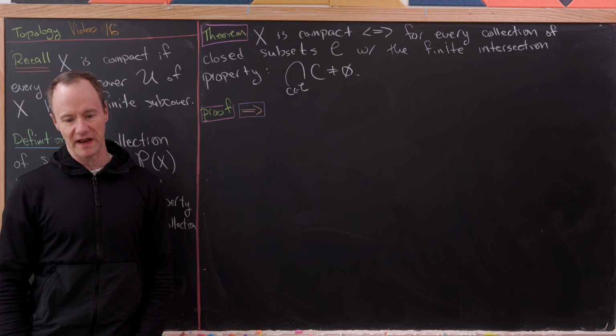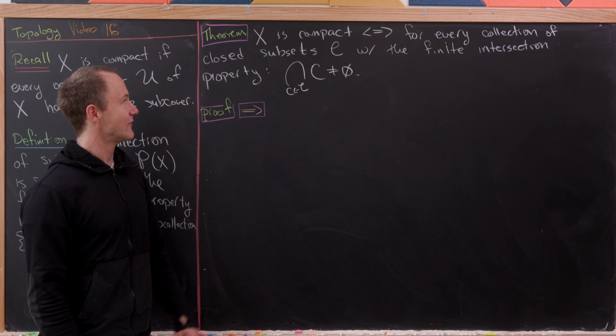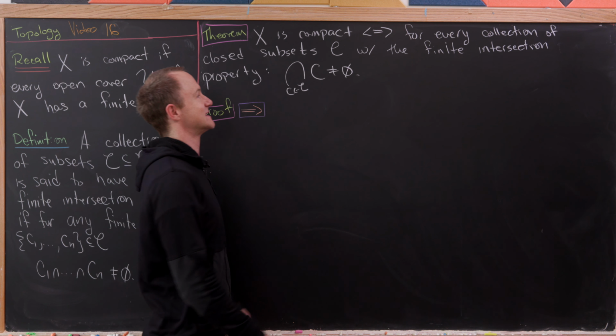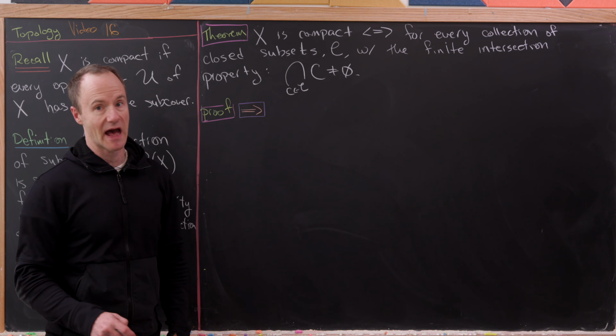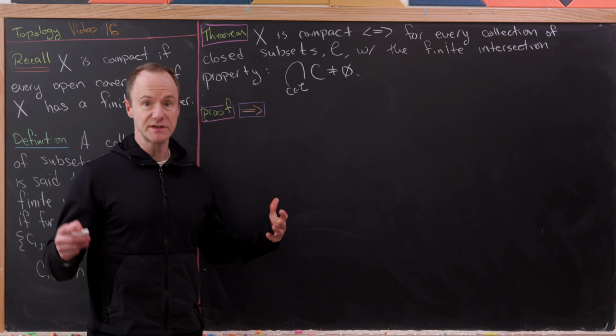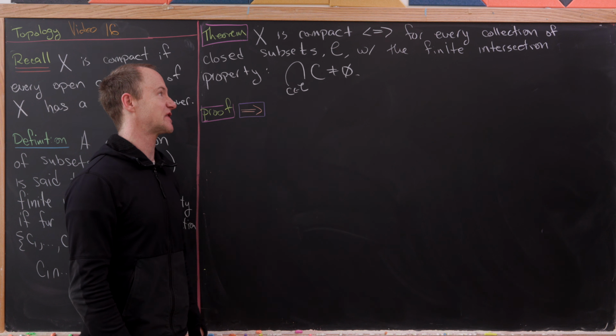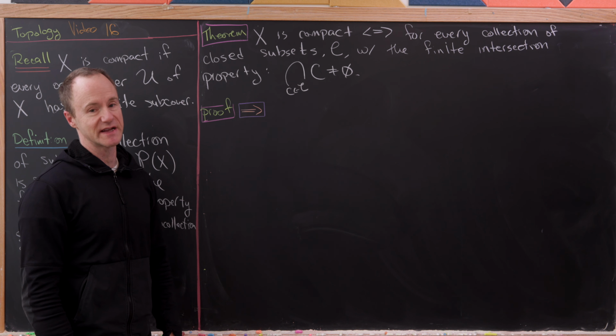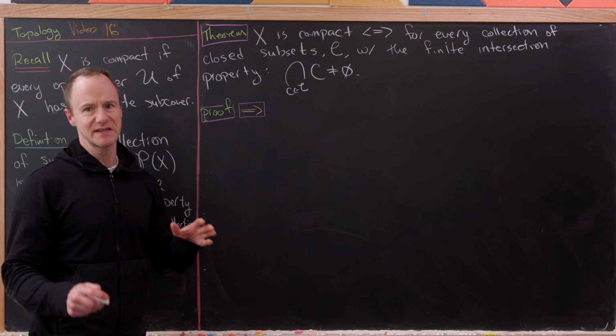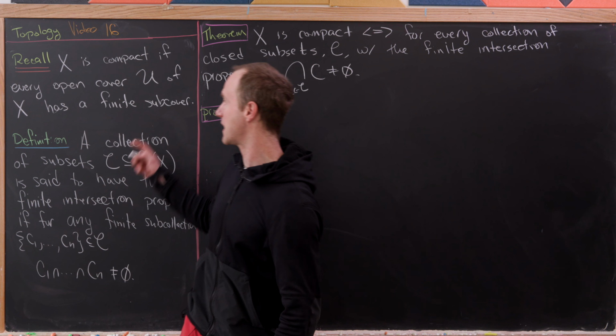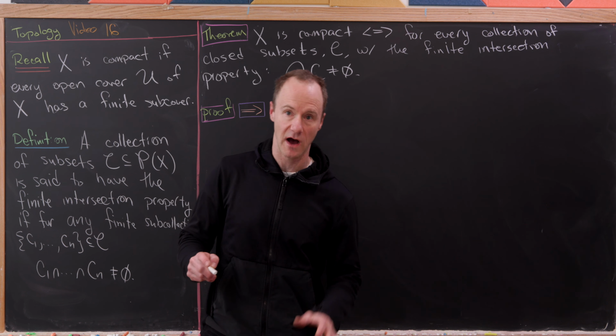Okay, so now we're ready to tie this into compactness. We'll prove that X is compact if and only if every collection of closed subsets C with the finite intersection property has this boosted property that if we take the intersection of all of them, we get something non-empty. Let's observe that this is the reverse of what we have with our open cover.